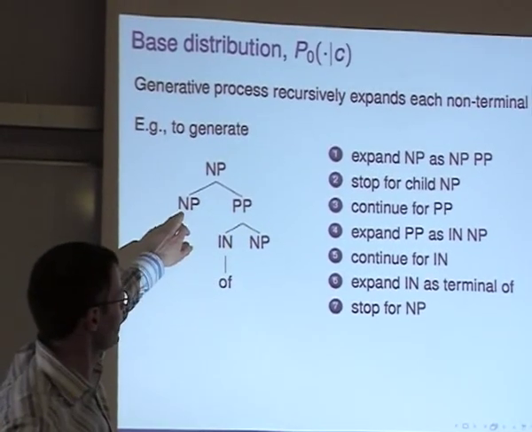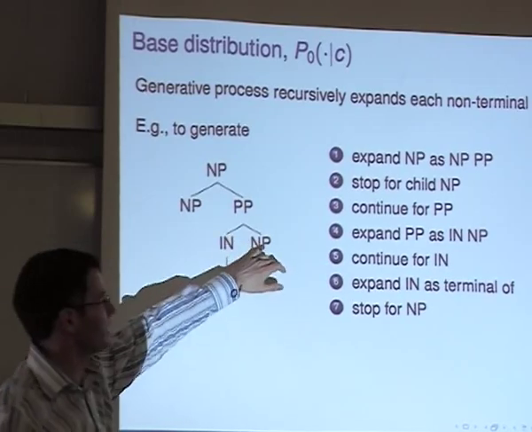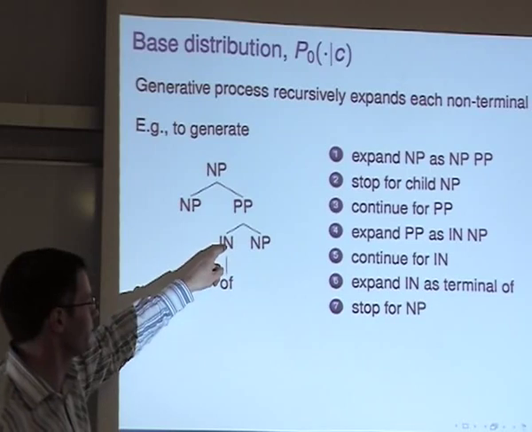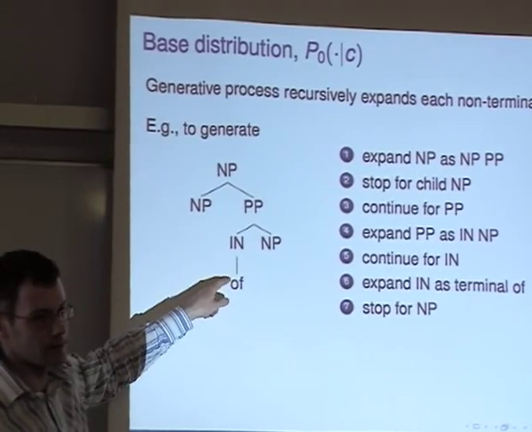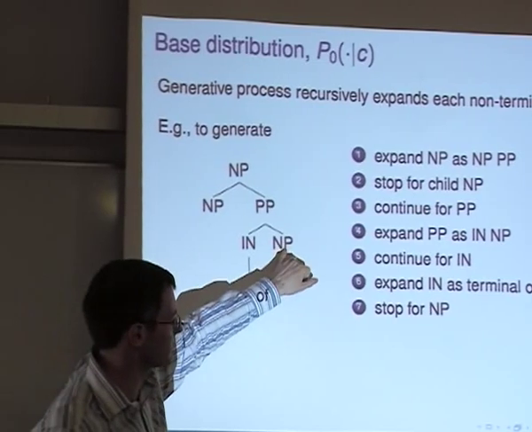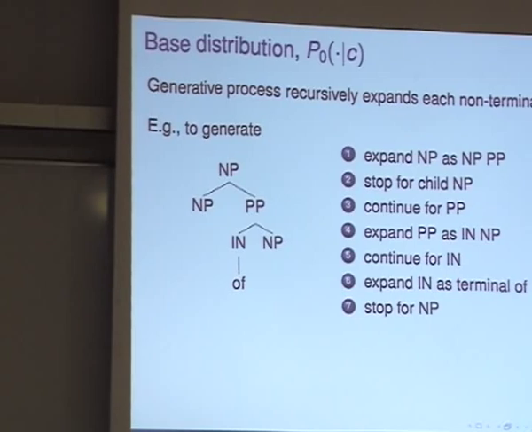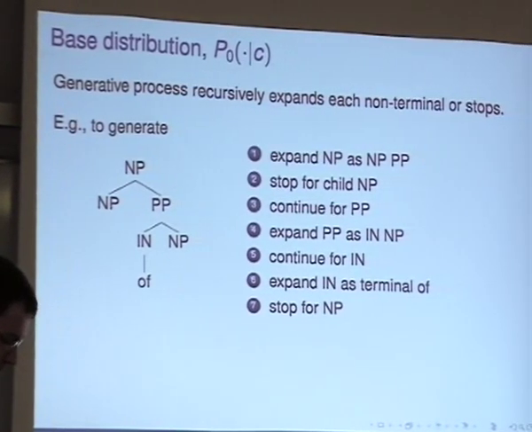Then we decide to stop, and we decide to continue. Then we expand the PP as a preposition and a noun phrase. We decide to continue. We rewrite it as a terminal string, and then we decide to stop here. And that's defined a tree. And that's very simple to set up as a generative process and describe the probability.